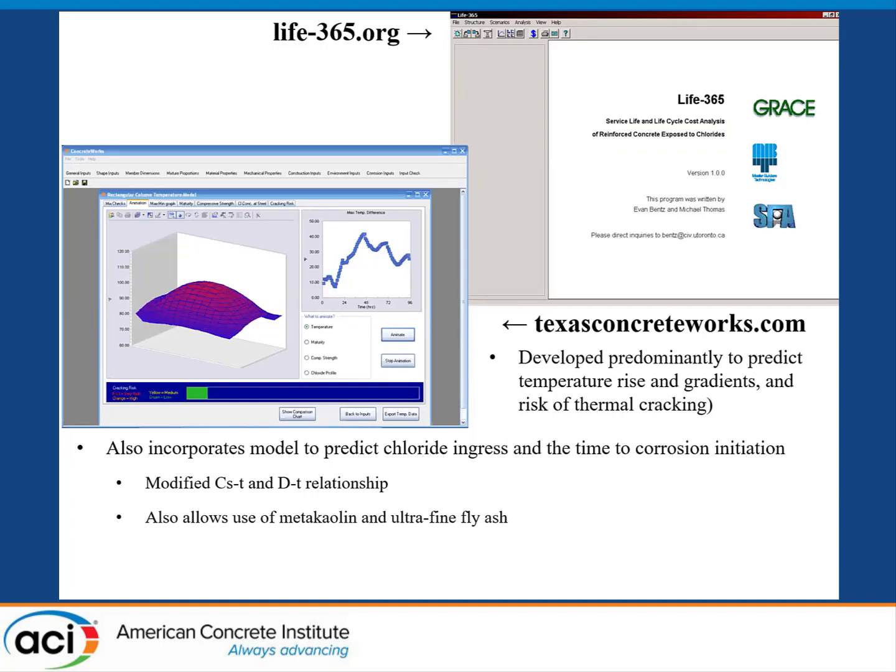The algorithms were very similar to Life 365. We did modify the surface concentration versus time and the diffusion versus time relationship, and also extended the model to allow for the use of metakaolin and ultrafine fly ash, both of which are used in the state of Texas. Notwithstanding that, the models will give very similar output.